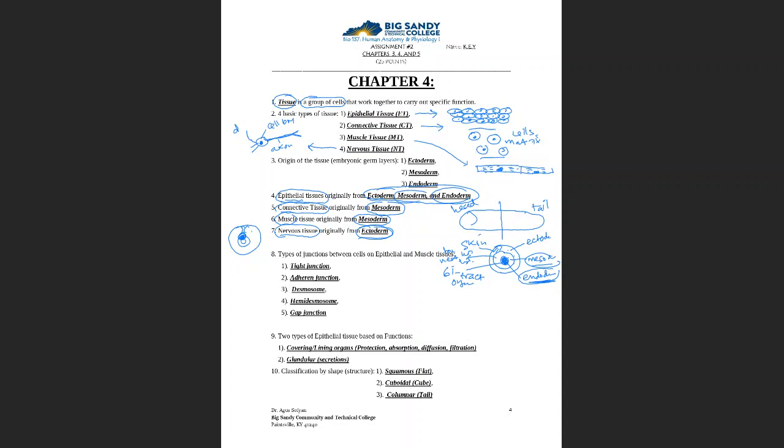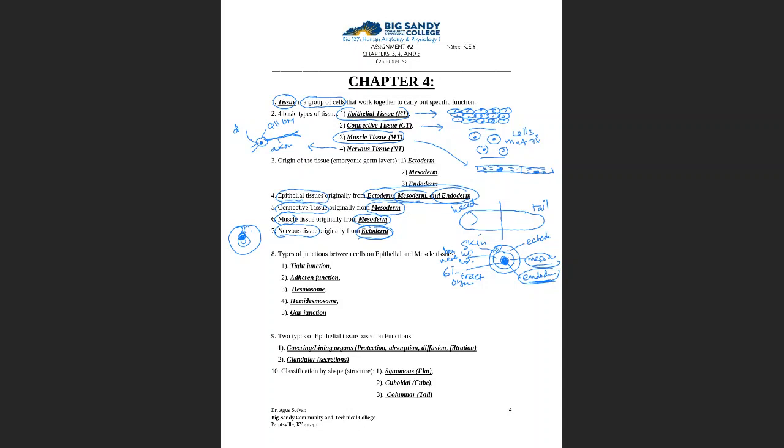Now the junctions: tight junction, adherent junction, desmosome, hemidesmosome, and gap junction. These are only present in the tissues that bind closely, which are epithelial tissue and muscle tissue. Okay, remember, in connective tissue the cells are separate.